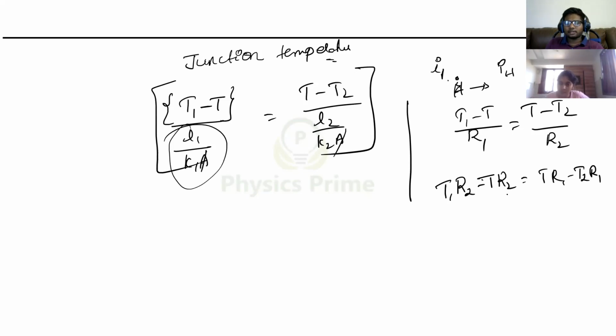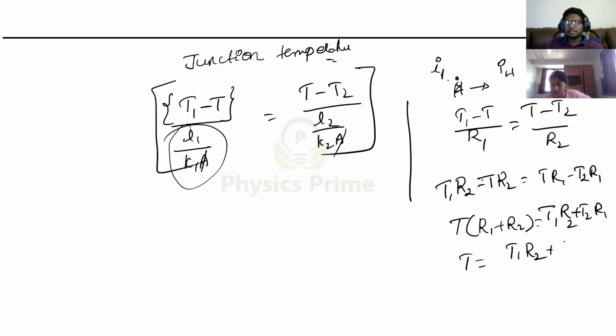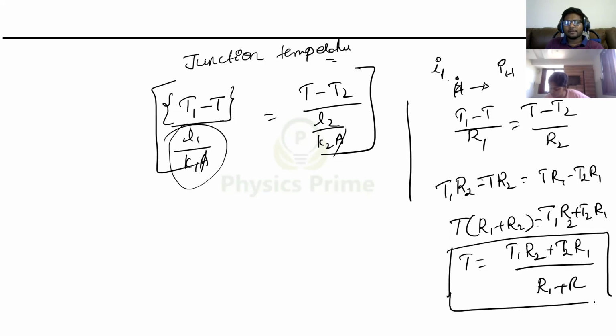So if I take T to the right side, T into R1 plus R2 is equal to T1 R2 plus T2 R1. Then T is equal to T1 R2 plus T2 R1 divided by R1 plus R2. This is the formula if resistance is given, but resistance will not be given in general examination.